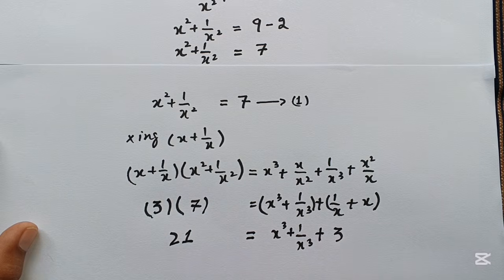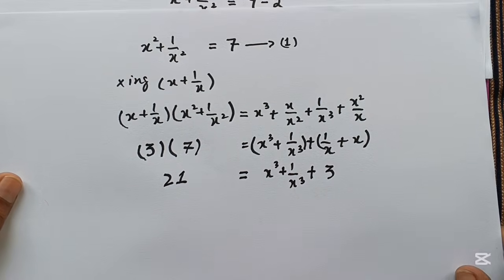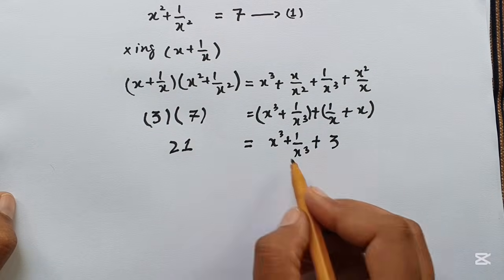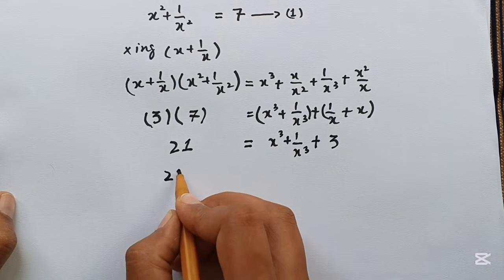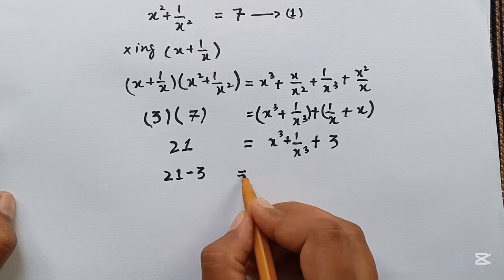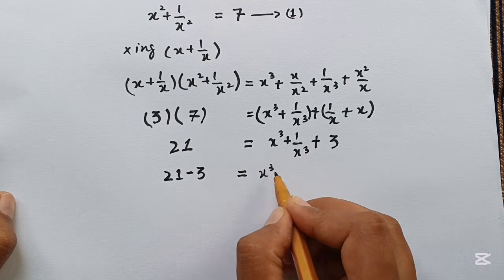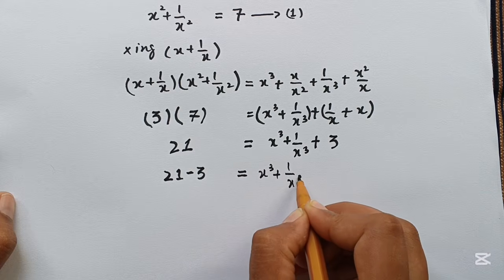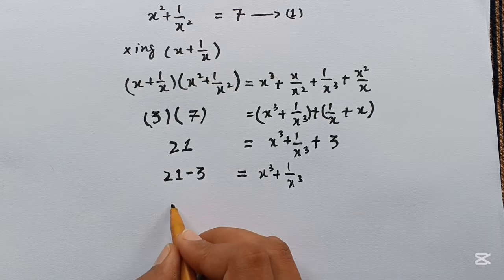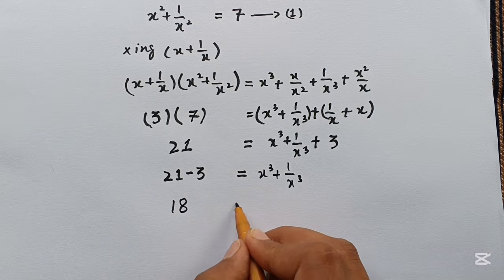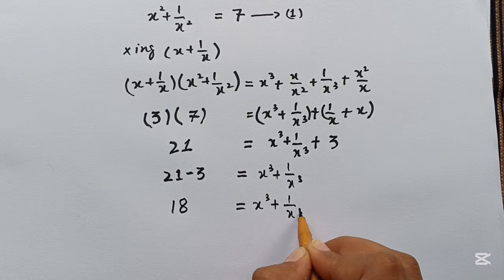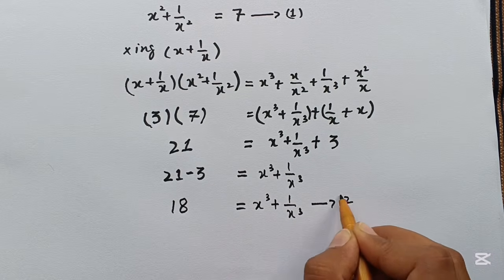Now this 3 shifted toward the left hand side of this equation, which is minus 3, and 21 minus 3 equals x cube plus 1 over x cube. And 21 minus 3 is 18 equals x cube plus 1 over x cube. This is second equation.